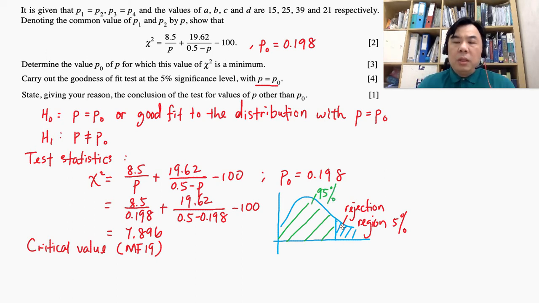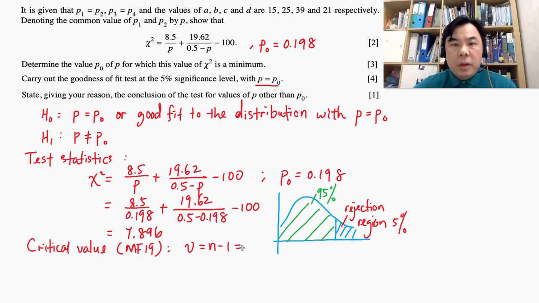So to get the critical value, we have to refer to 95% in the data booklet MF19. At the same time, for chi-square we need the degrees of freedom. I use v to represent degrees of freedom. Degrees of freedom is basically the number of categories minus 1 in this case.